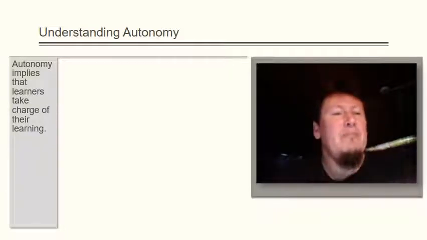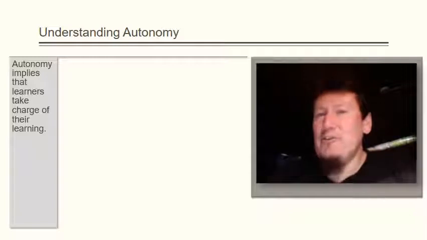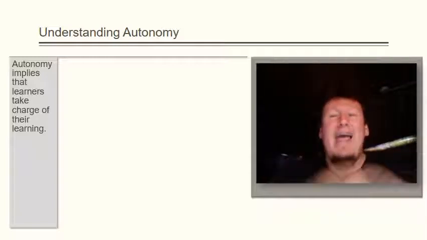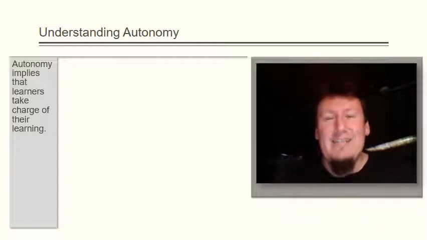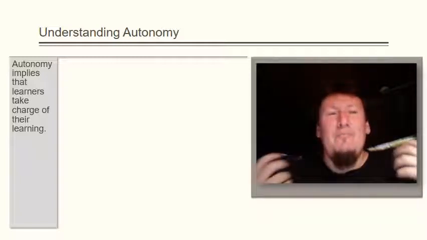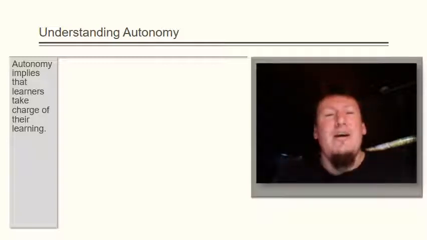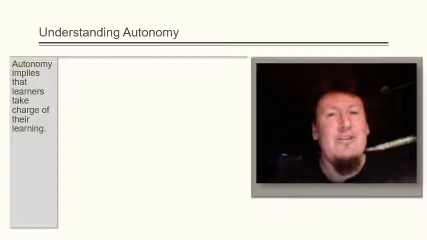Now, autonomy implies that learners take charge of their learning. I think this is, for the most part, the most ample explanation we can get for autonomy. The learner, like it says here, takes charge. So that in itself entails some implications of what it might mean to take charge.